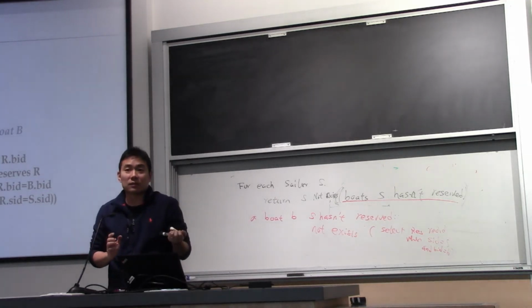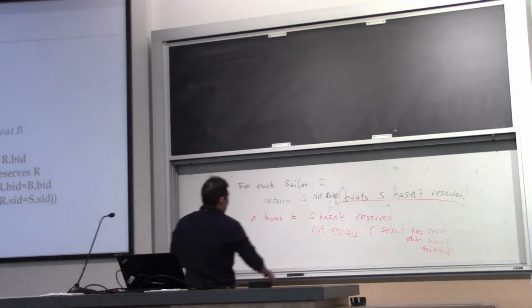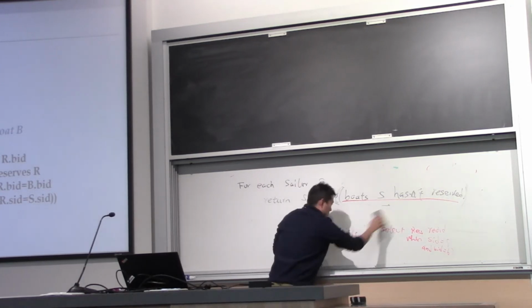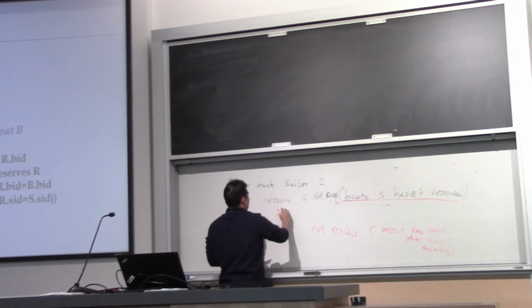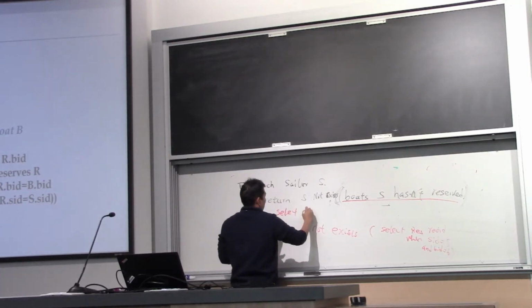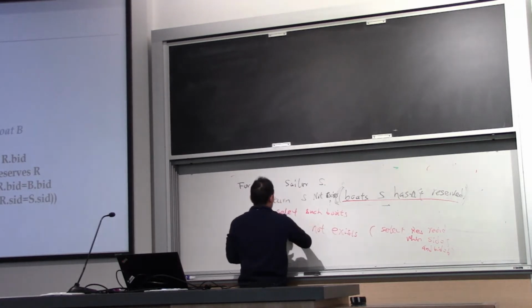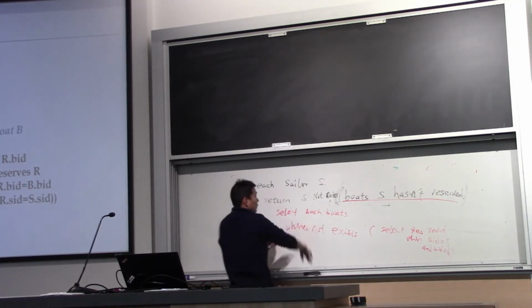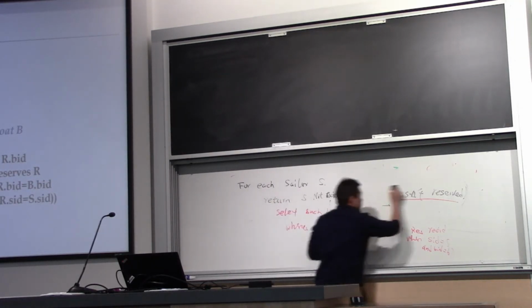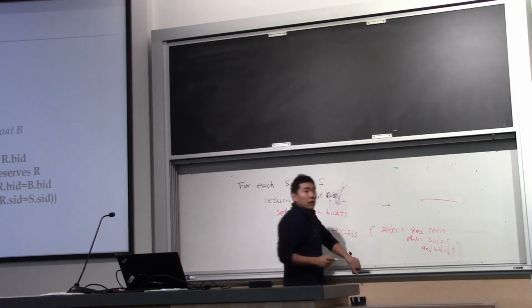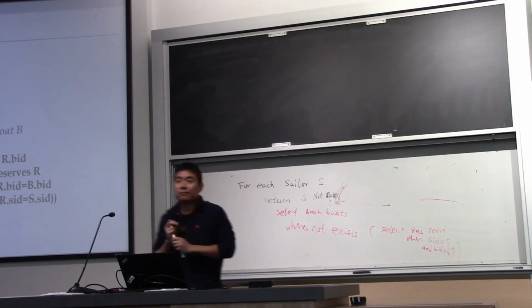Right? Does that make sense? So you select such boats where this. And this gives you boats S has not reserved, so this is replaced. That's your two-level nesting. You're done.